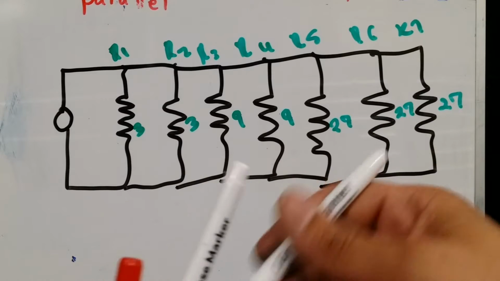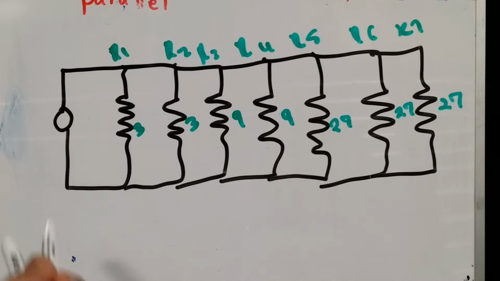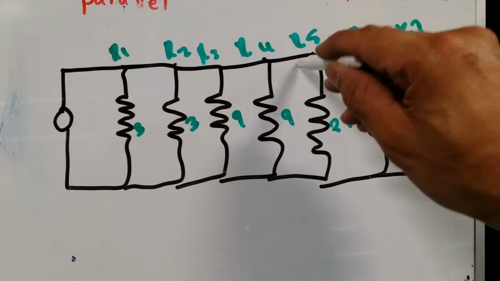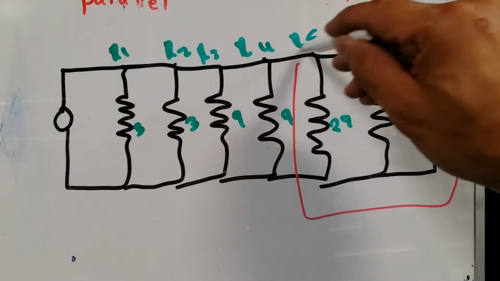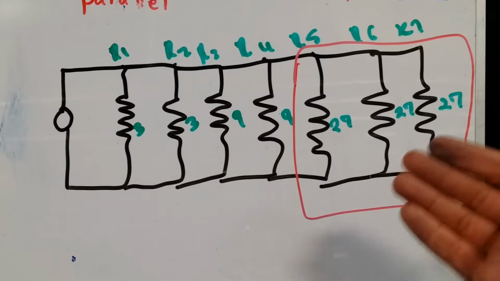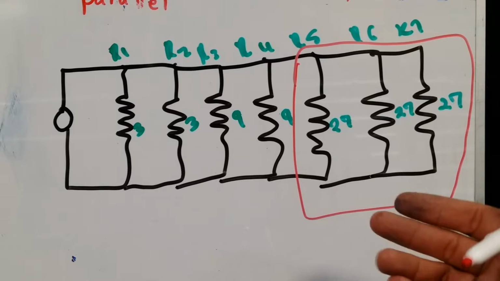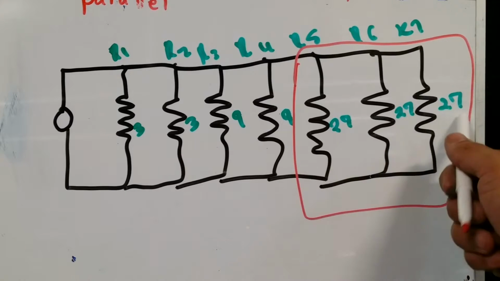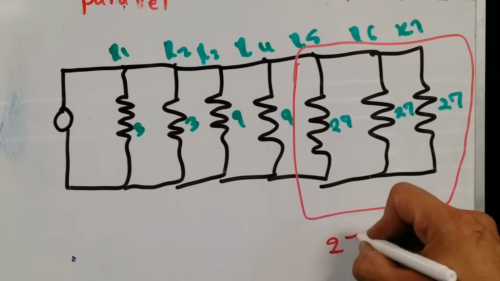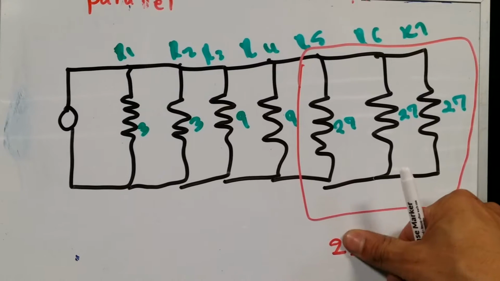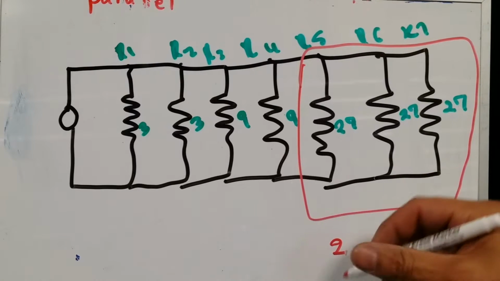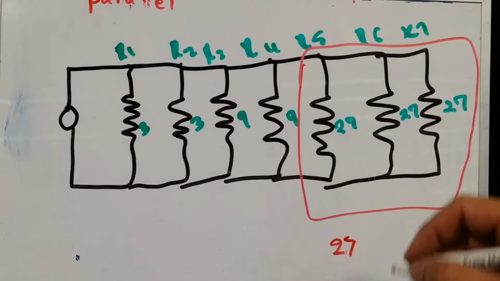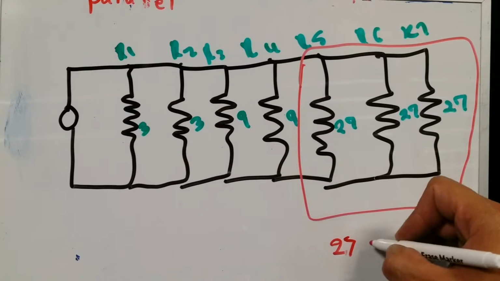If I just single these guys out, I'm just gonna circle them on here in red for better focus. I want to find out the equivalent resistance of those three. Well, the three of them are the same number, 27, 27, 27. So I'm just gonna write 27, because remember, this only works for the easy formula, but you should find this more often than what you think.